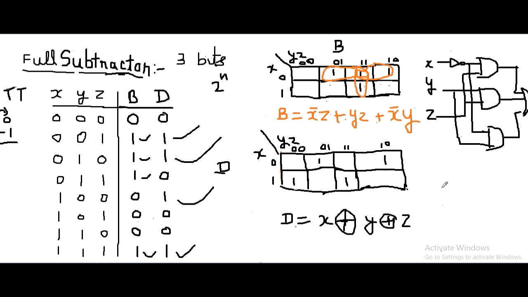borrow, right? And for the D part, which is your difference part, we just feed these three variables, x, y and z, into this XOR gate operation.